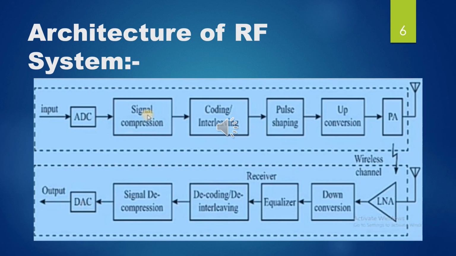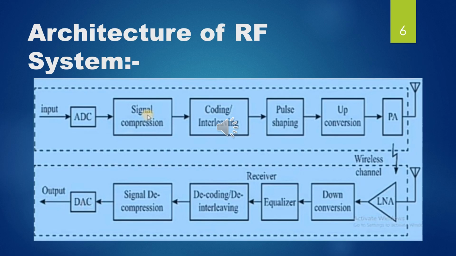Signal compression basically reduces the amount of the signal, and here in the receiver section, signal decompression functions as the opposite of the signal compression. Coding is so that the receiver can easily detect the input signal, and decoding acts as the reverse operation of the coding. Basically, it reduces the errors through decoding.